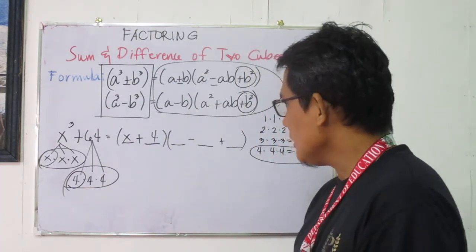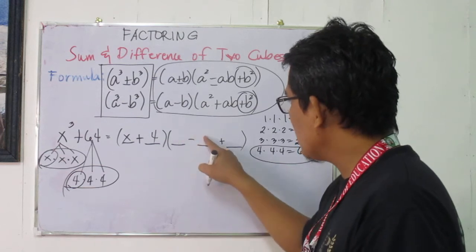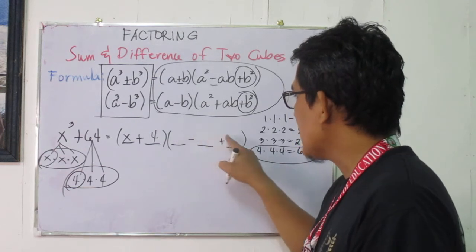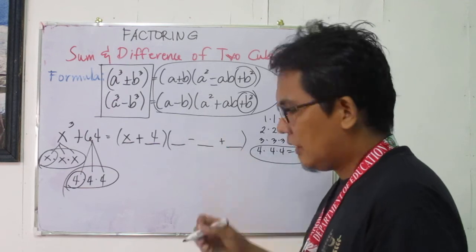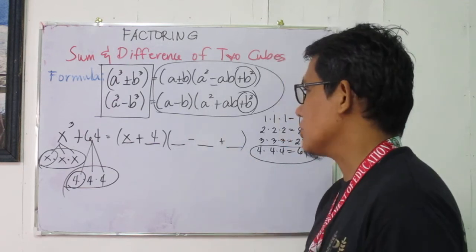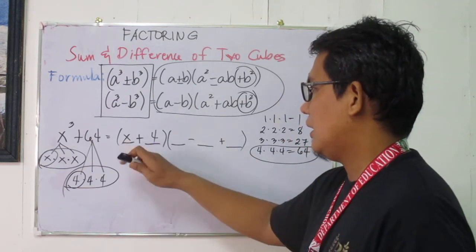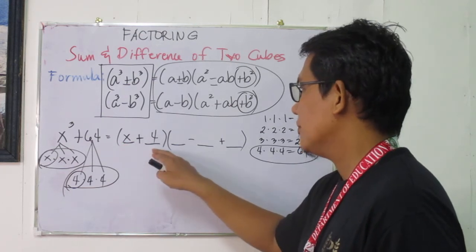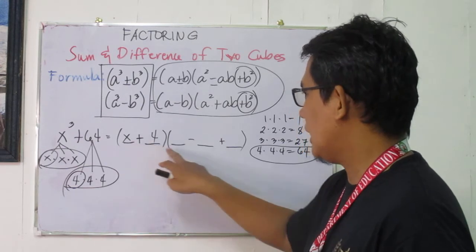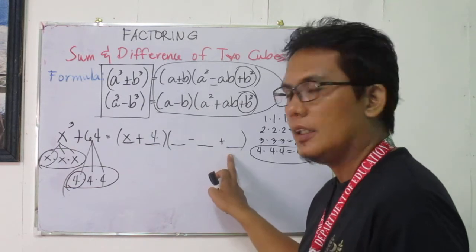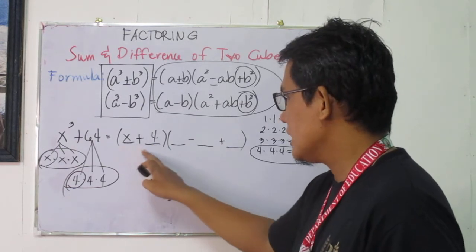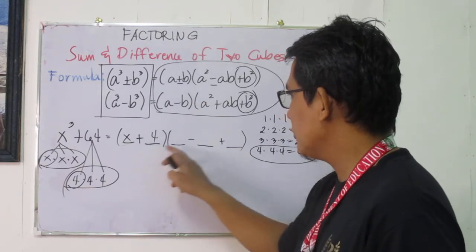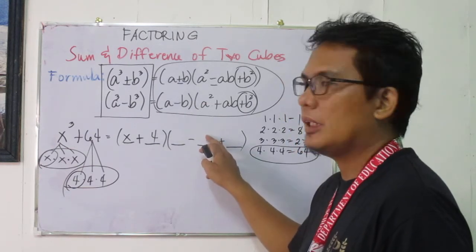Okay? Then, what are we going to do with our trinomial? There are multiple ways for us to solve for that one. You can either square the first and last terms of the binomial to get the first and the last term of the trinomial, and we can multiply them to get the middle term here.